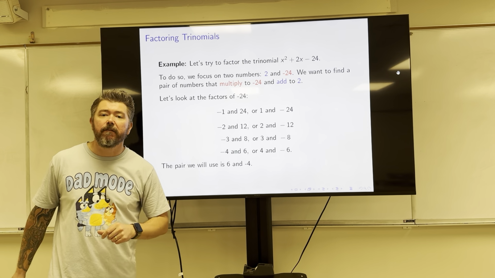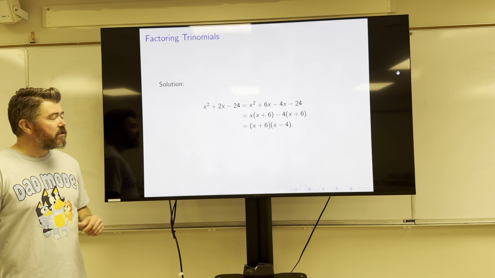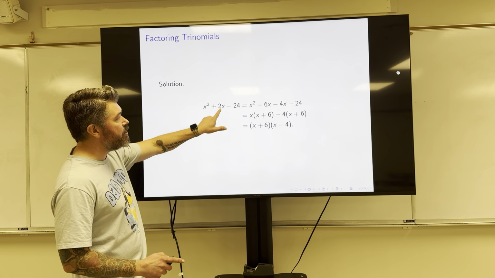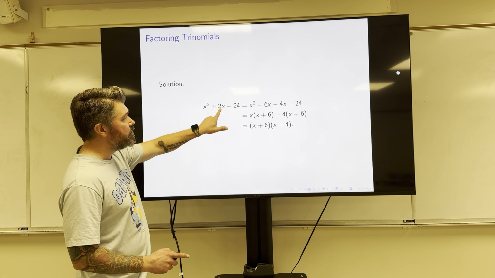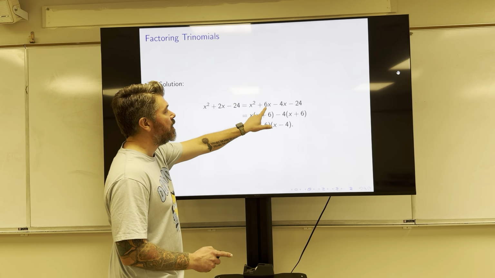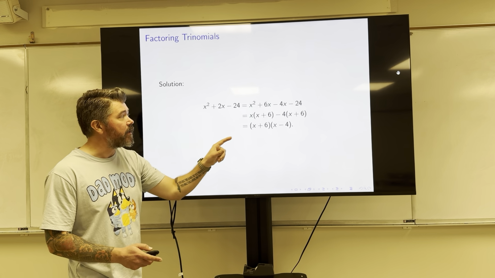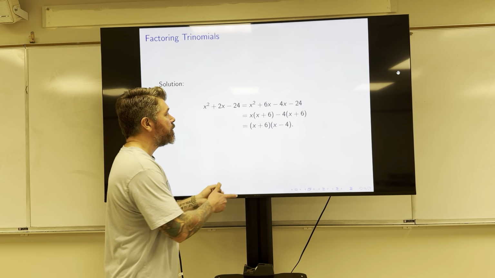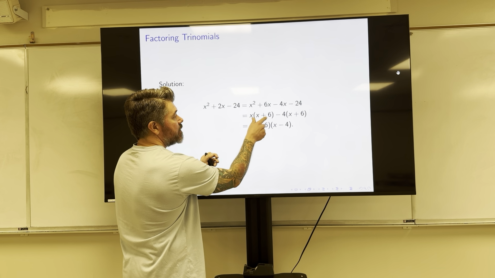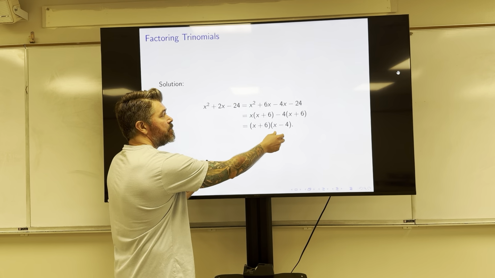6 and negative 4. Okay, so we're going to use those two numbers to undo our middle term. 2 is really 6 minus 4, right? So 2x is really 6x minus 4x. Now we group. I'm going to pull out an x, leaving x plus 6.